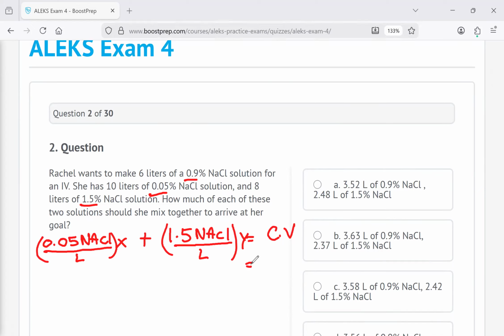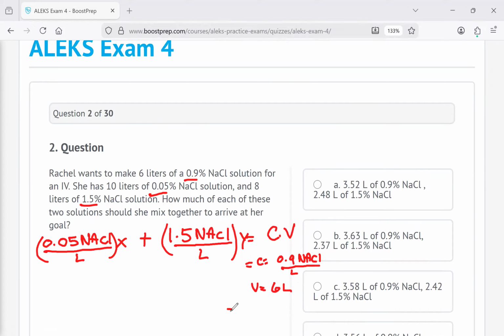The C stands for the whole. So C is going to equal 0.9 NaCl over liters, and then the volume is 6 liters.